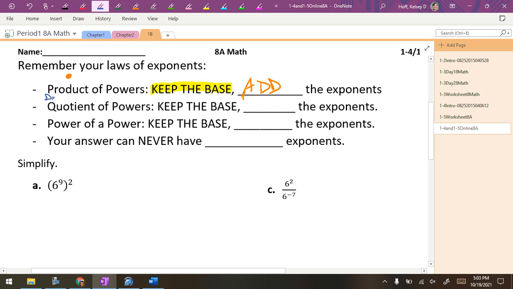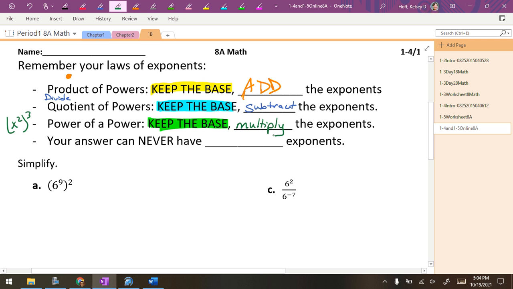Quotient of powers means we are dividing: keep the base and subtract the exponents. When we raise a power to a power, that means we have an exponent on top of another exponent: keep the base and multiply the exponents.